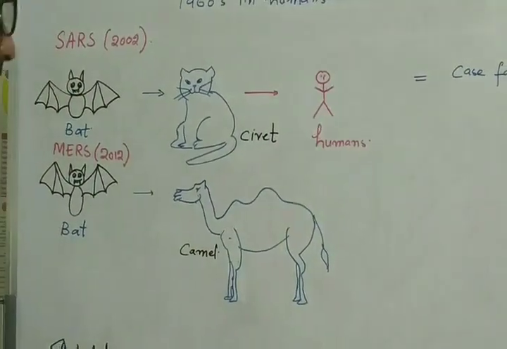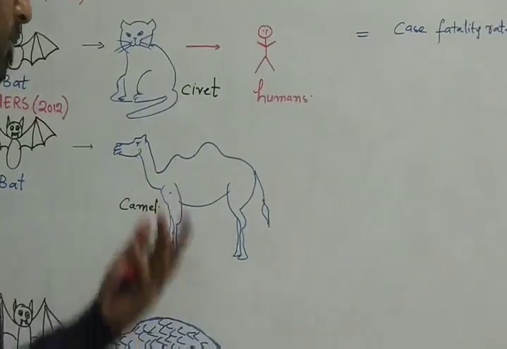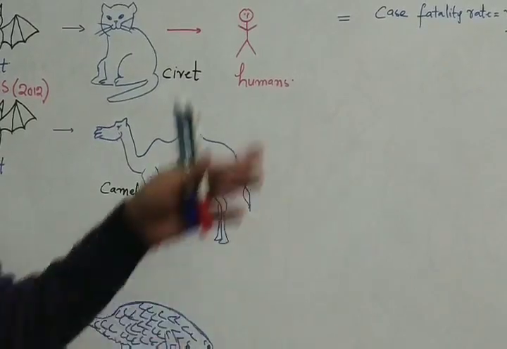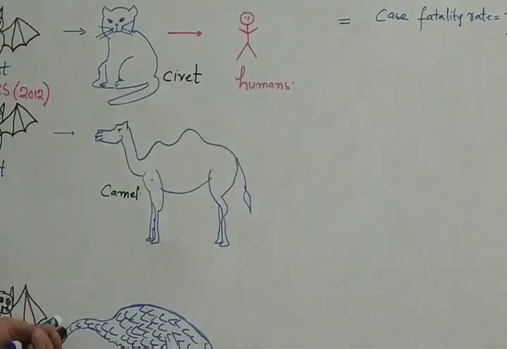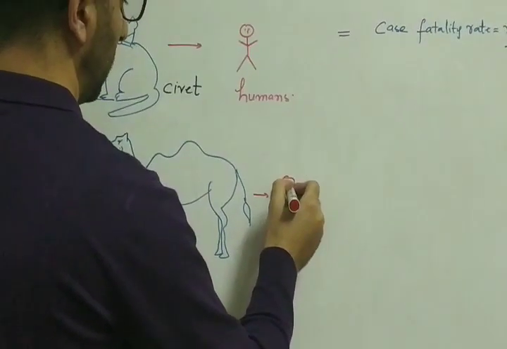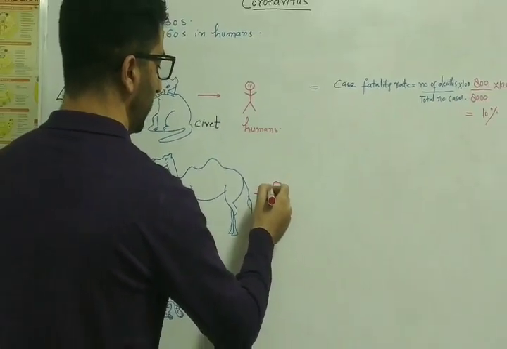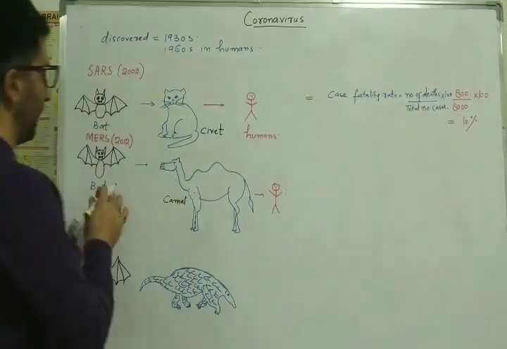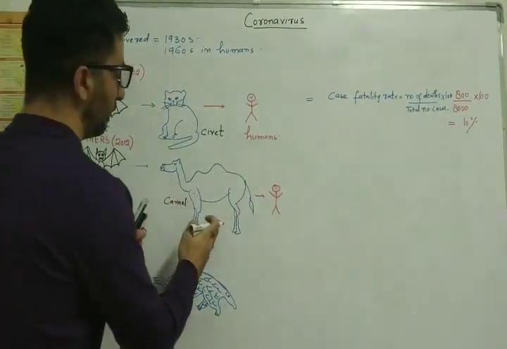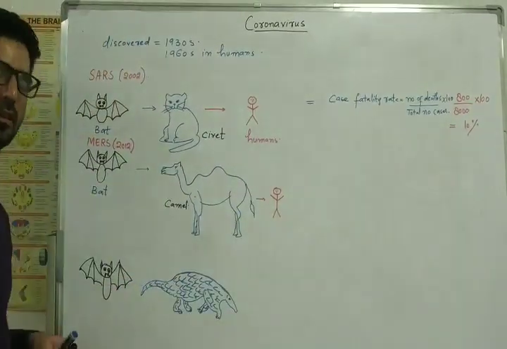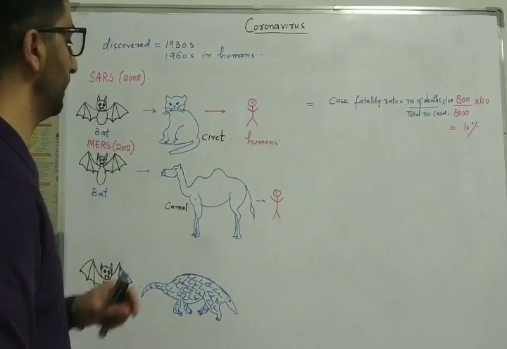Then from the camel, it mutated in such a way that it infects the other host, which was humans. I will make it red because it is in the danger zone. So from bat it mutated to camel, from camel to humans, and from humans it spread all over the world in 2012.